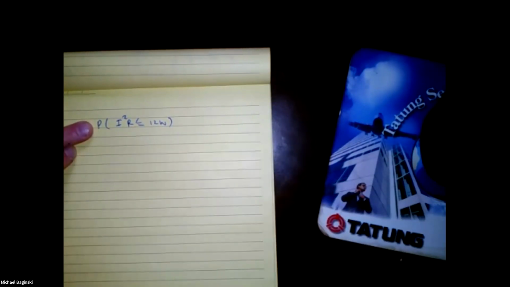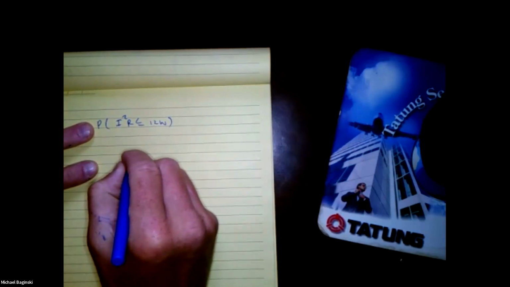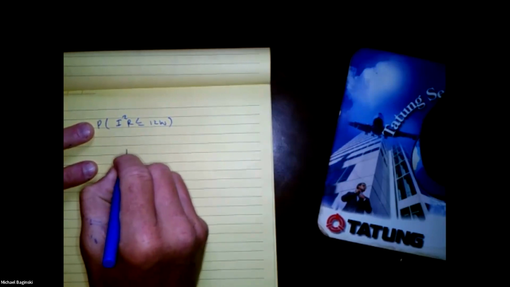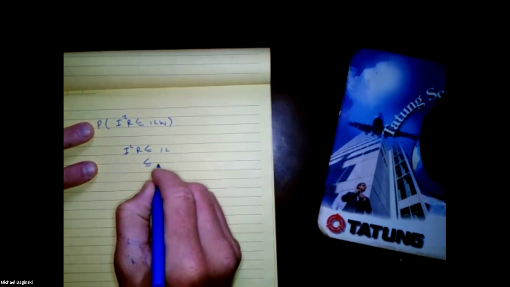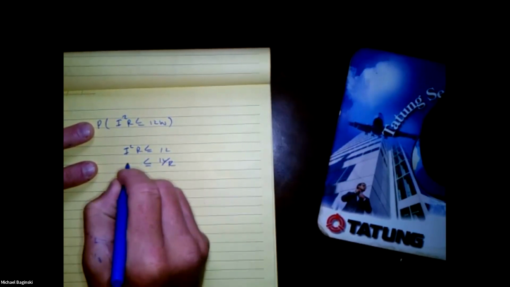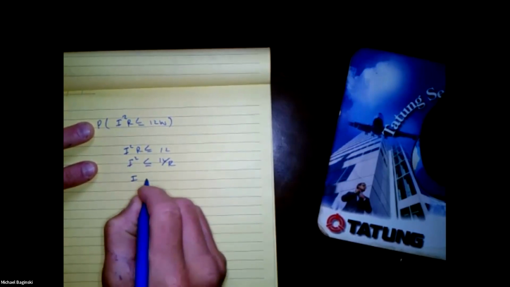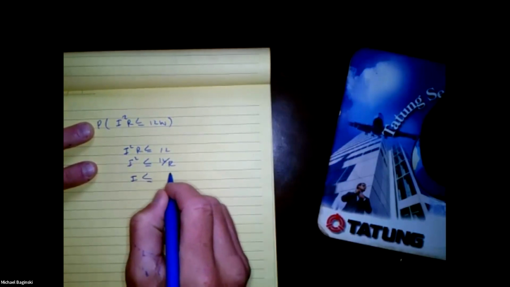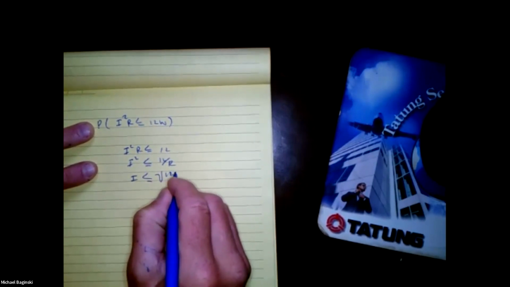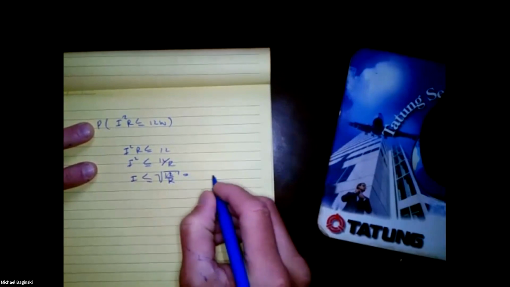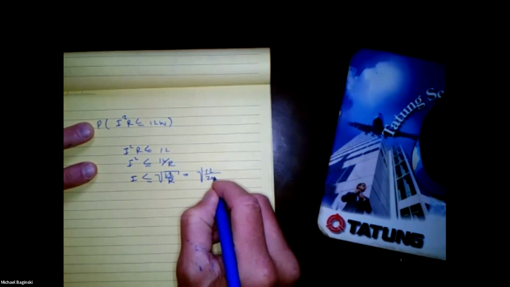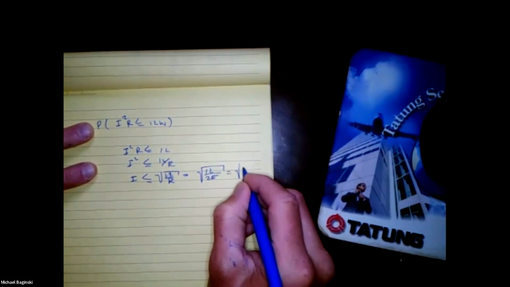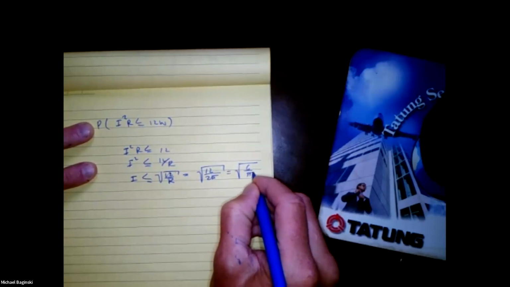Rayleigh starts at 0 and is positive. So the probability that I squared R is less than or equal to 12, that is I squared less than or equal to 12 divided by R. It's the probability that I is less than or equal to the square root of 12 over R, and that's equal to the square root of 12 over 2 pi, or the square root of 6 over pi.